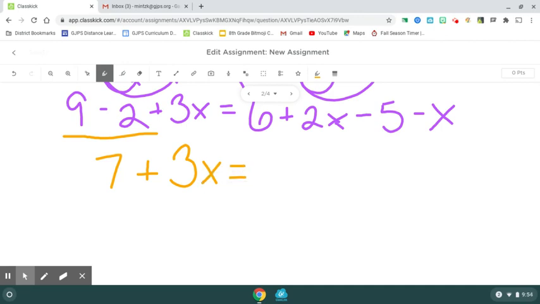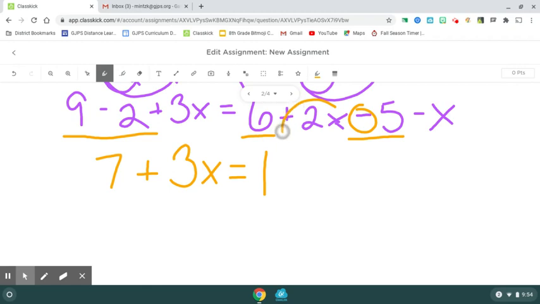Now I look at my right-hand side, and again, I see I have x's and I have just regular old numbers. So I'm going to first combine my regular old numbers. I have a 6 and I have a negative 5. Remember to get this negative right there. 6 minus 5 just equals 1. And then I'm going to combine my x's.